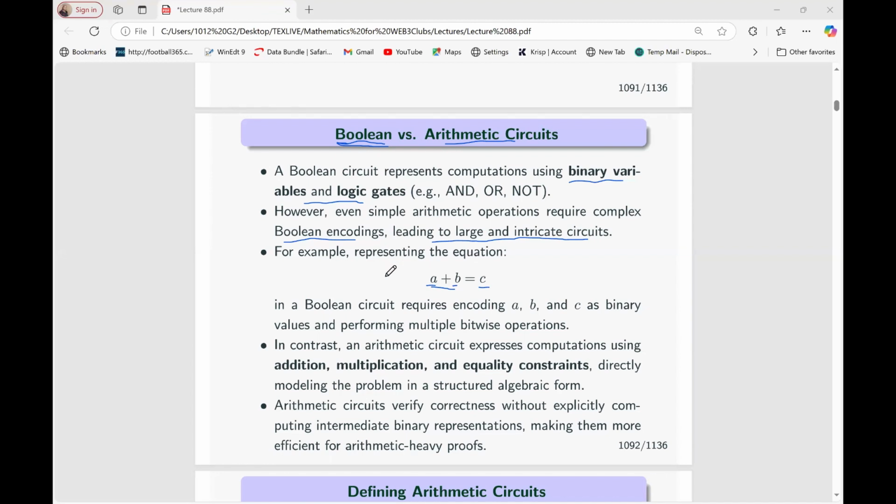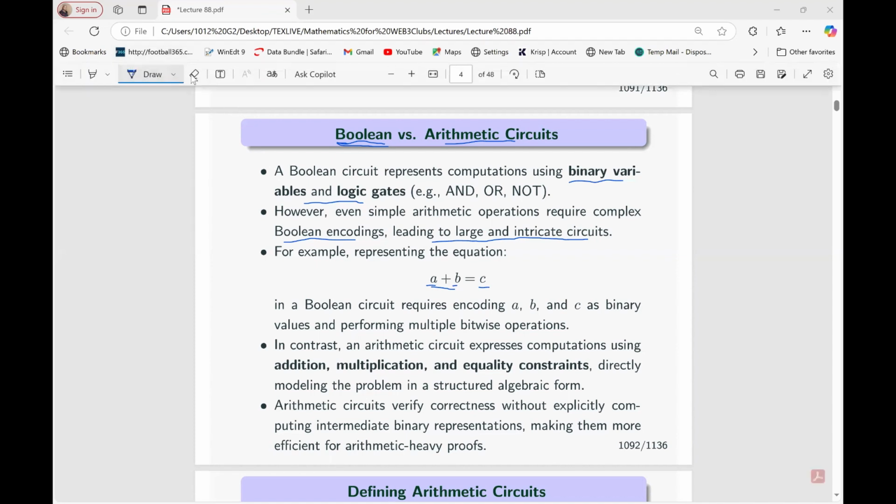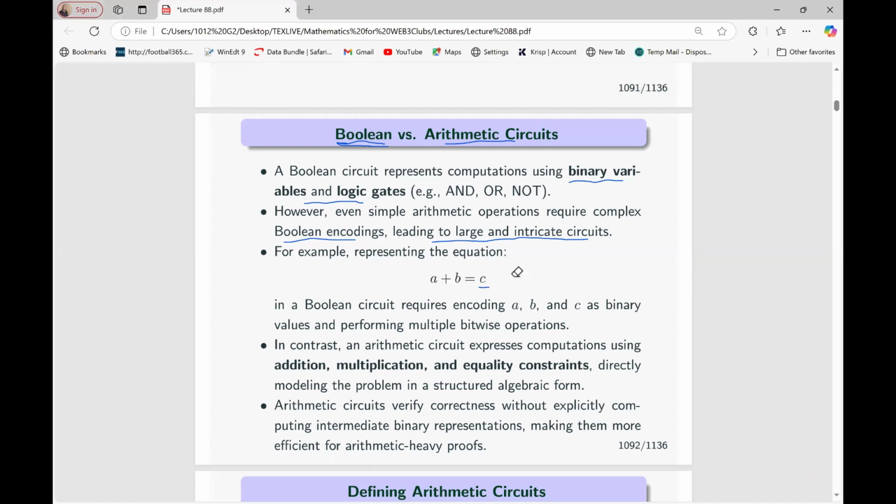Now, so I was just giving the differences between Boolean and the arithmetic circuit, and of course, what makes the arithmetic circuit better over the Boolean. So I was saying that if you are to have a very simple computation like the one we have here, and I was just telling you that, you see, these circuits will not be generating this proof, will not be generating this equation.